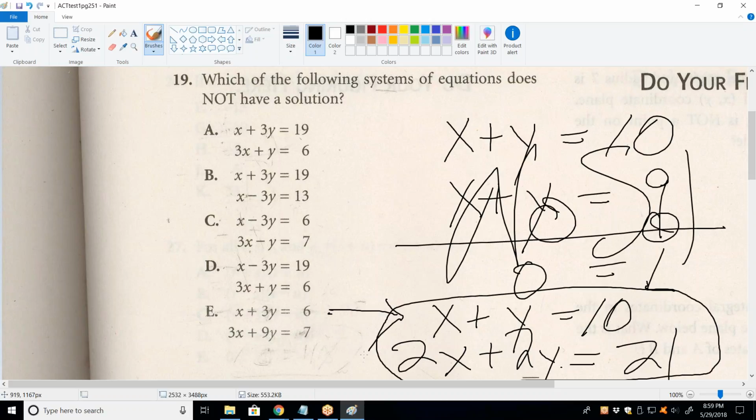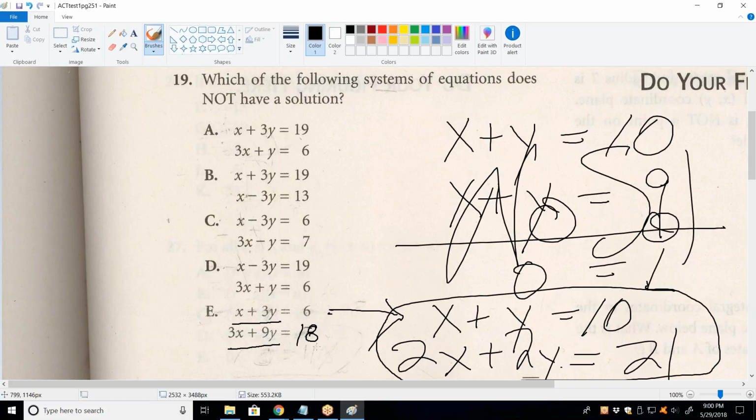E. Notice what's going on in E. The left side of that equation is exactly 3 times that equation. Which means this would need to be 18 for both of those to be true statements.